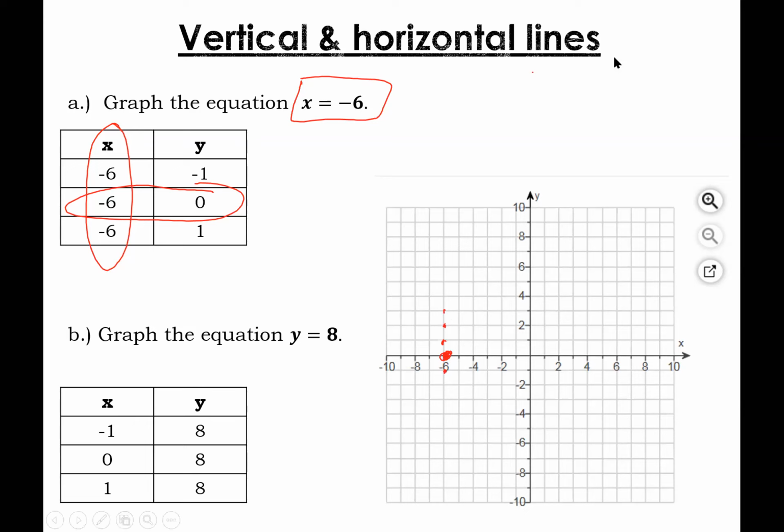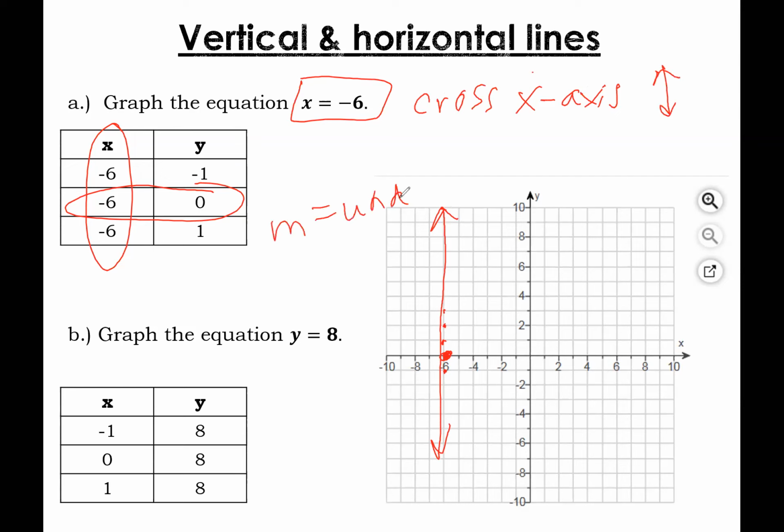You can see the shape of this line. It's turning into a vertical line. Whenever you have x equals, your line will cross the x-axis, and it is vertical, and the slope is undefined. Just a reminder about that, undefined.